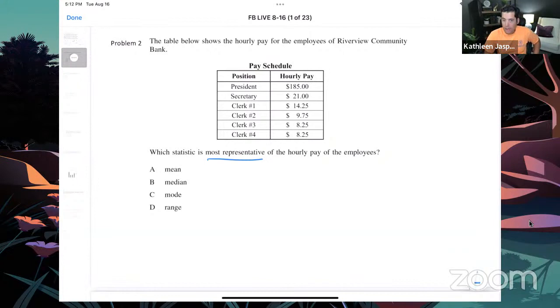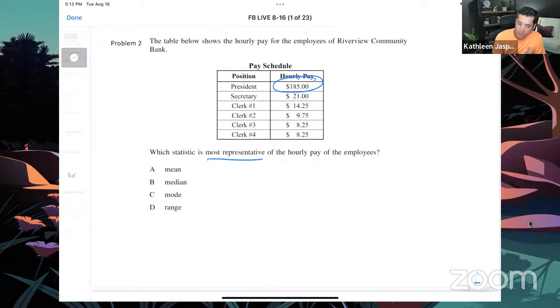Obviously, you're not going to get the highest paying job. That is not a representation of what it is. So you see that most of these, the range goes from $825 to $185. So obviously you're going to want to be between there. But I want to focus on this specifically. This $185 is an outlier. That is way too much.